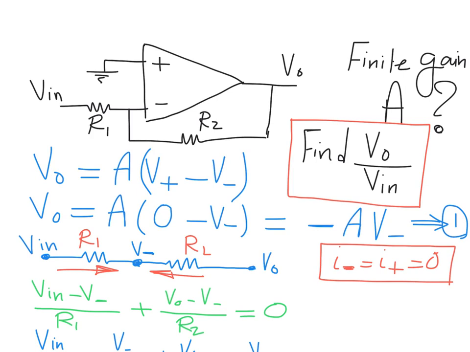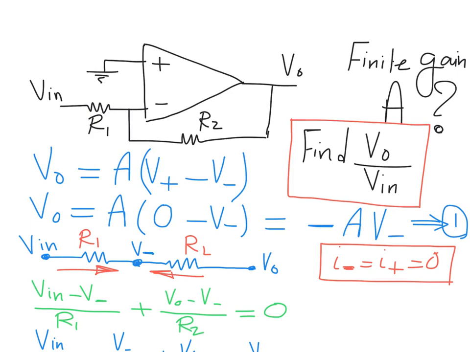To solve this, just using the KCL, the sum of the currents will equal the output current, which is 0. So Vn minus V minus over R1 plus Vo minus V minus over R2 will be equal to 0.